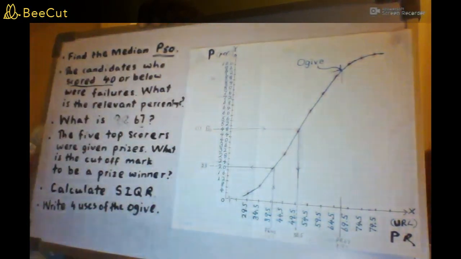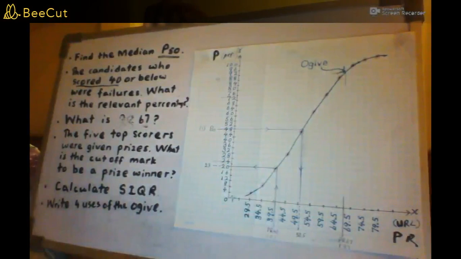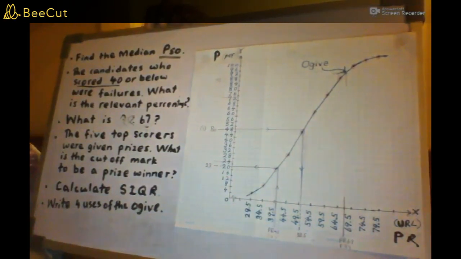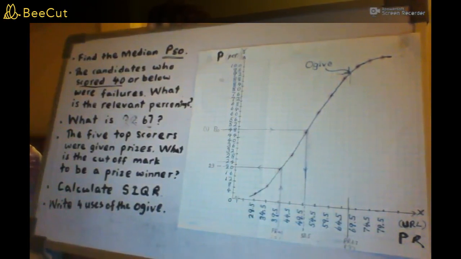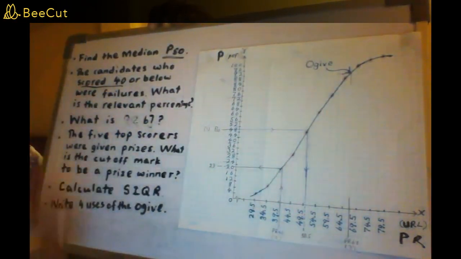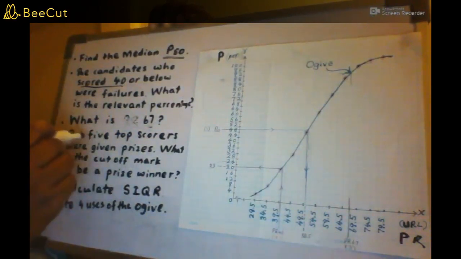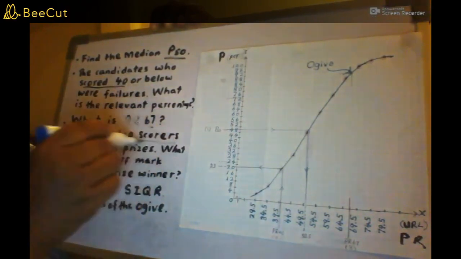Next one: the top 5 scorers were given prizes. What is the cutoff mark to be a prize winner? So what is given? The 5 top scorers.